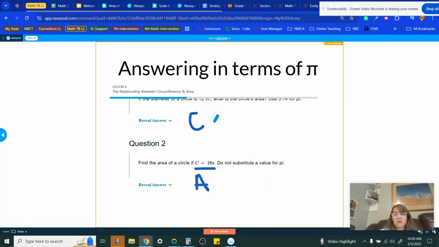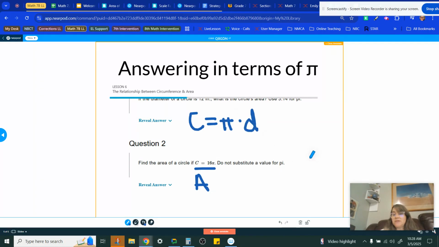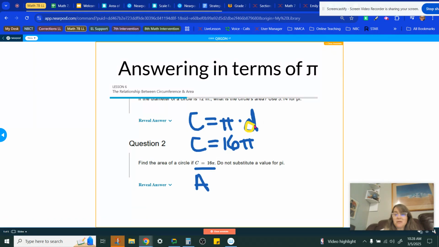So let's look at the circumference formula. Circumference is pi times the diameter. Okay, so if the circumference is 16 pi, that means the diameter is 16. Okay, because pi is pi, right?